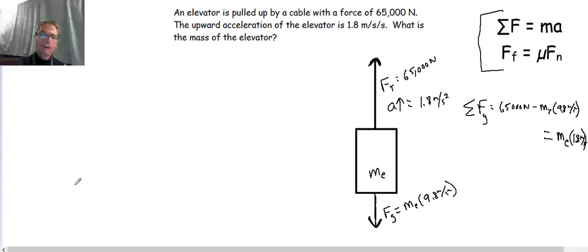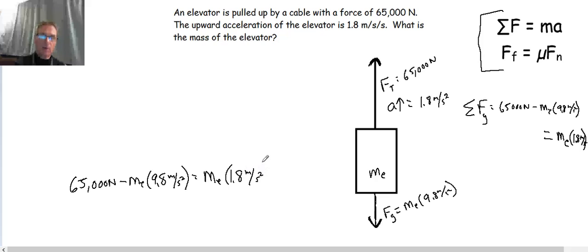So what do we got? We have 65,000 newtons minus me times 9.8 meters per second squared is equal to me times 1.8 meters per second squared. Well, the first thing I'm going to do is move the terms with me over to the right-hand side.